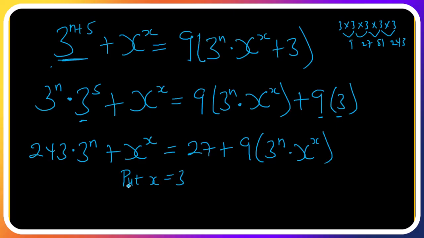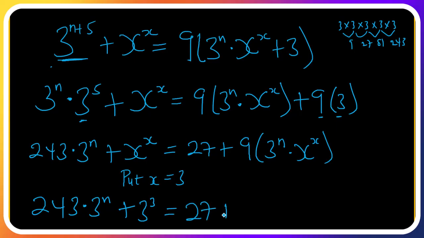So if x equals 3, we have 243 multiplying 3 raised to the power n, plus 3 raised to the power 3, equals 27 plus 9 multiplying 3 raised to the power n by 3 raised to the power 3.